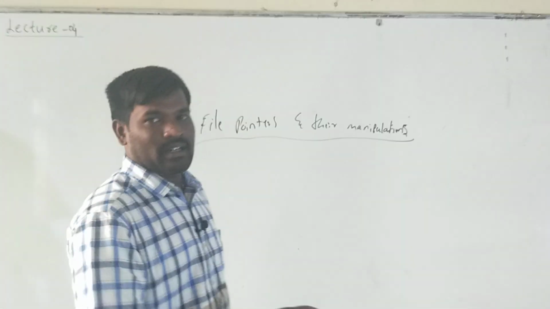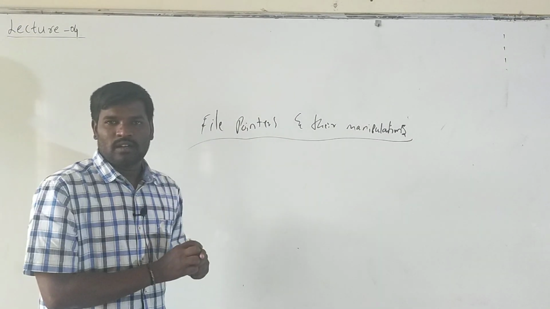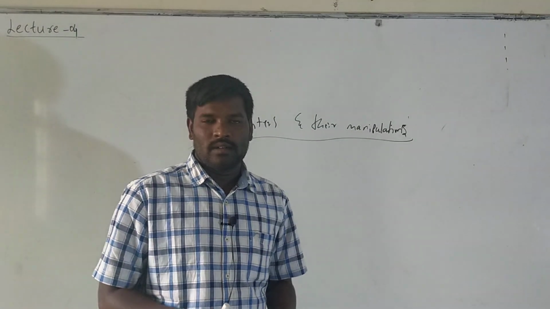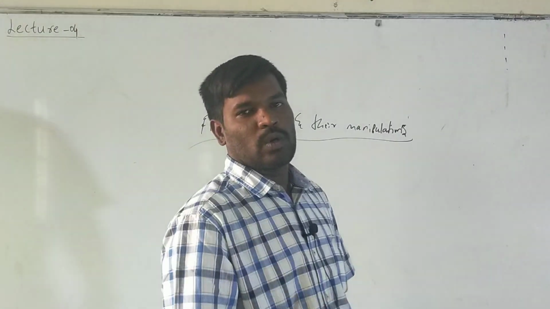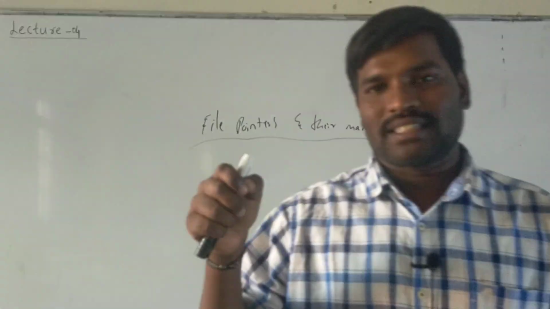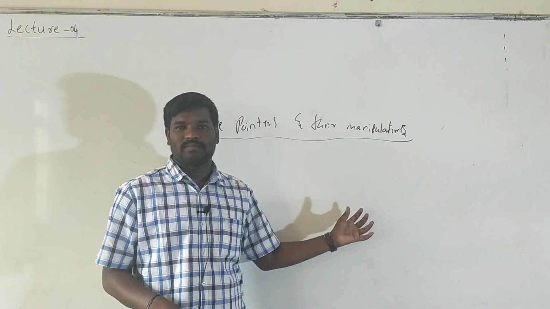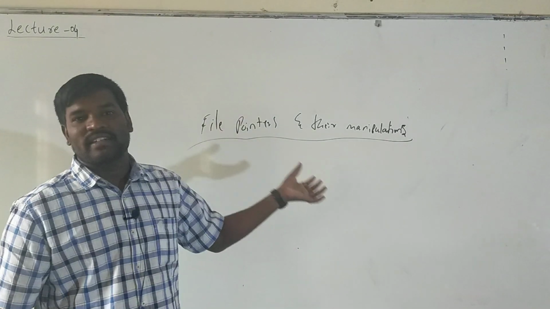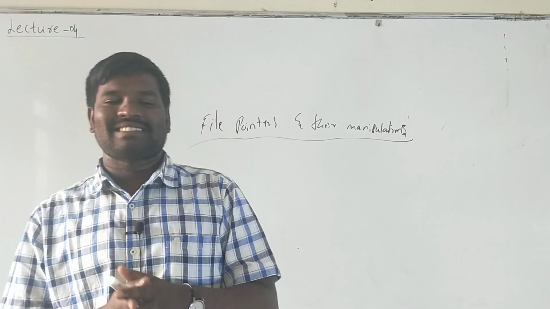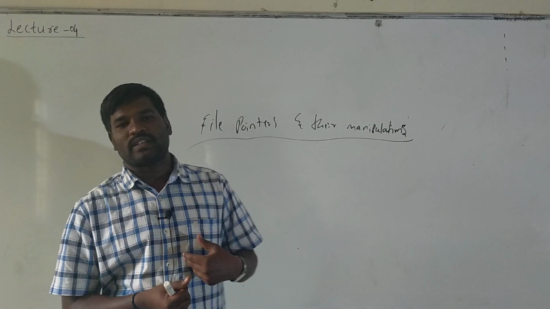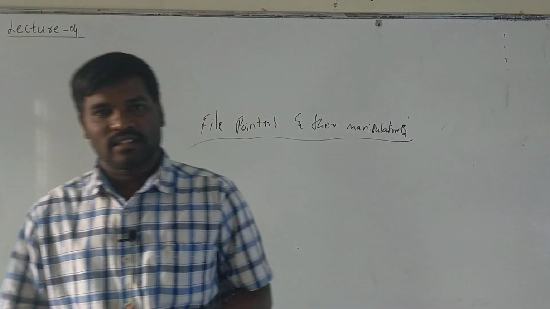If you want to open particular content within the file, or access the middle character, or read a character at a particular position, or write at a particular position inside the file, with the help of these pointers or with the help of fstream class member functions, you can easily manipulate the text with respect to the file.